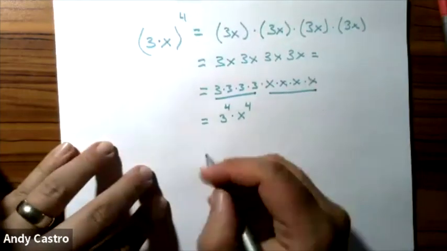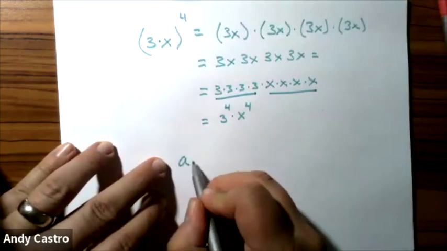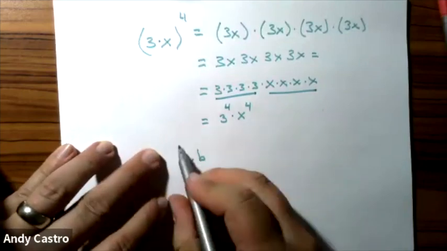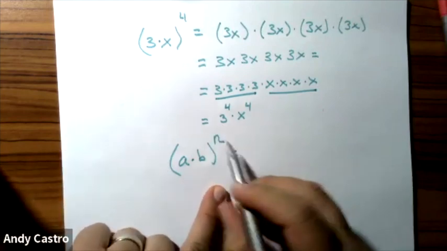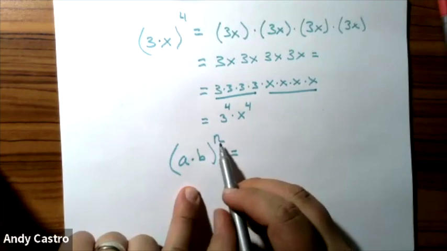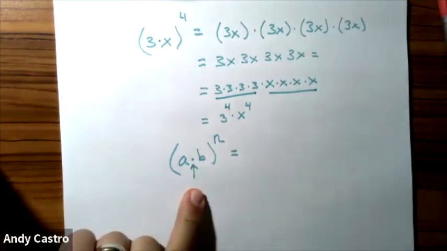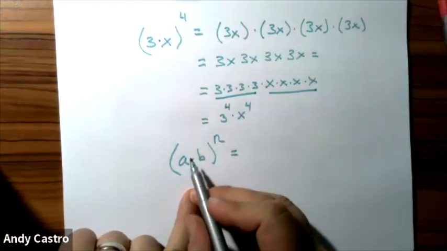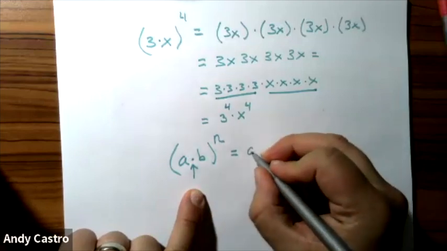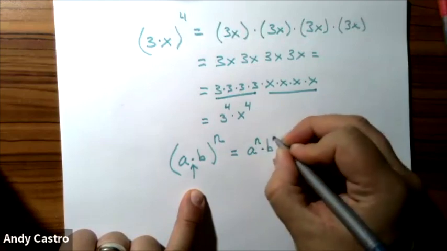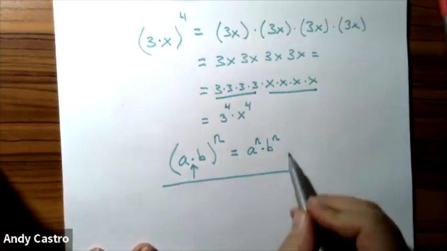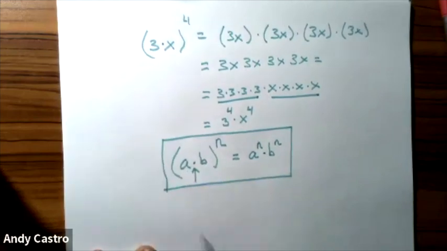So what we see is that if I have two things, a times b, raised to a power n, this n gets distributed, as long as this is multiplication, to both factors: a to the nth power times b to the nth power.